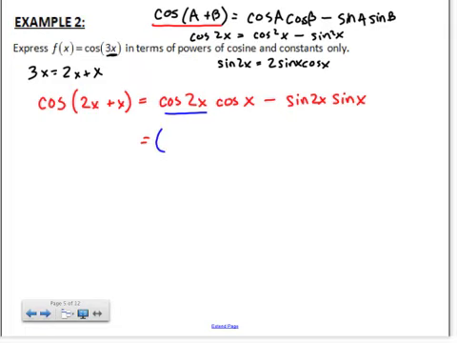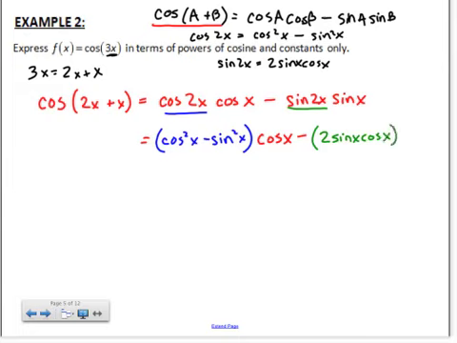So we have in parentheses, very important, cosine squared x minus sine squared x times, I'm not changing this one, cosine x minus, okay, I'm going to use the sine of 2x identity, and that is going to be, I don't really technically need parentheses here because nothing's being added, but I'm going to use them anyway, 2 sine x cosine x times sine x.